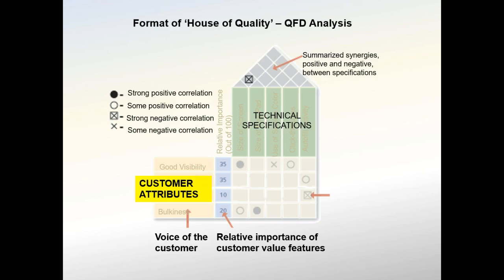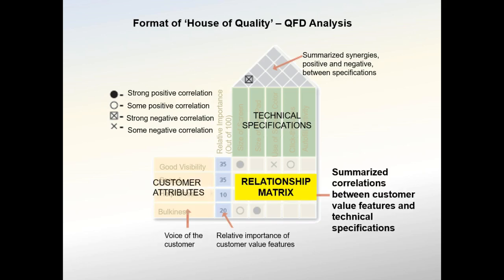The second data set results from evaluating the technical specifications of those same example products as measured by product design experts. Neither of these data sets appears in figure 3.7 here, but the relationship matrix in the diagram summarizes the correlations between each attribute's data and the data for each technical specification.